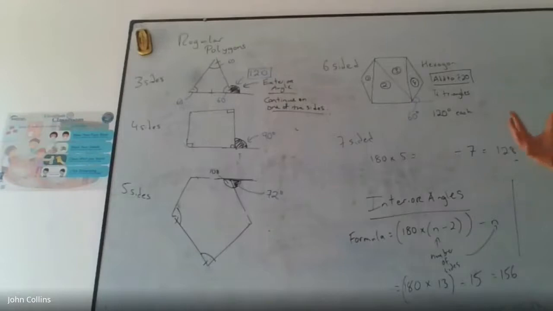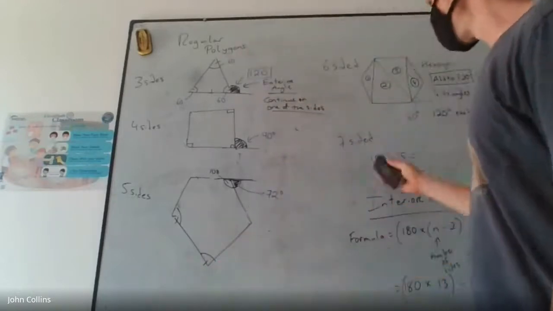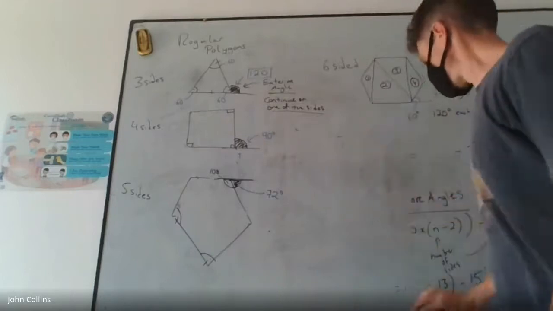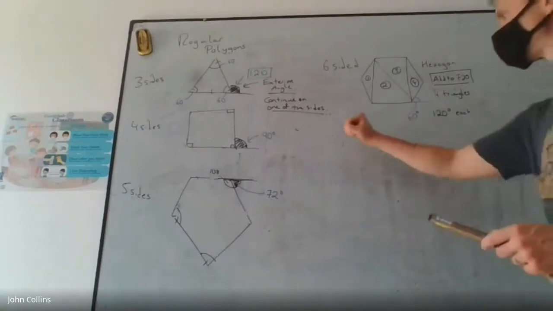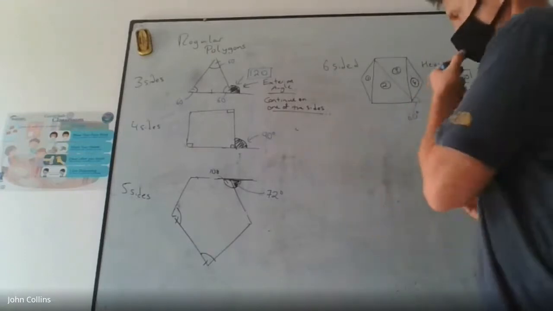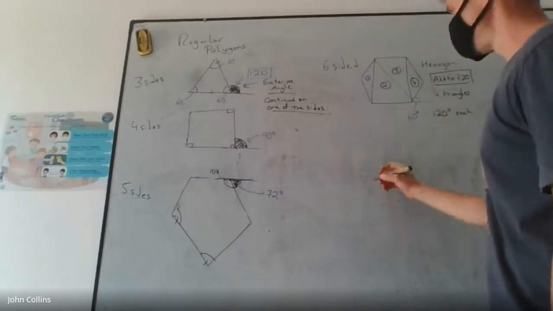Now we need to create a formula that will always work. But so far, it's not that obvious. Let's create a table to help us. What will we put in our table? Number of sides.